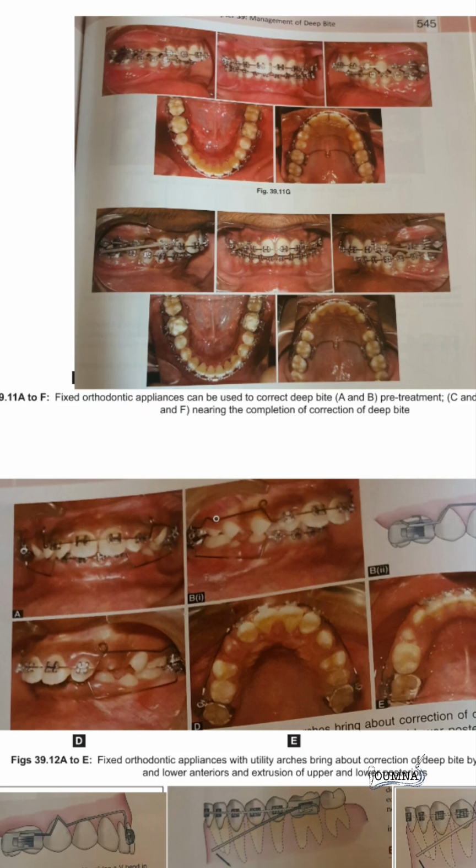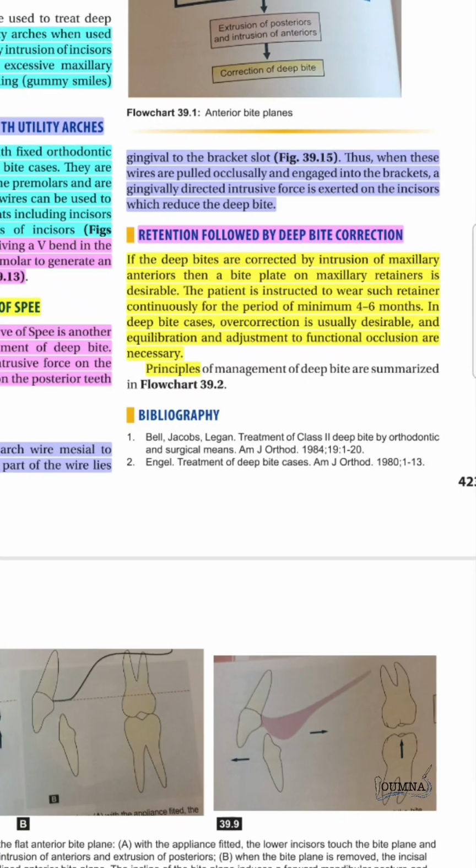We can see them here, and this is the V-shaped bend on the eruptive premolar. It is transmitted to the anterior portion where intrusion takes place.